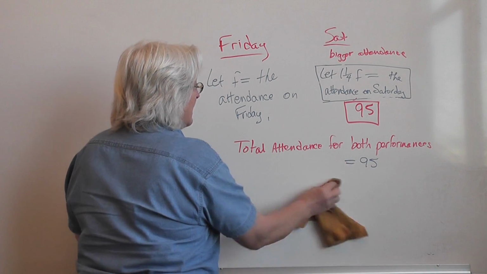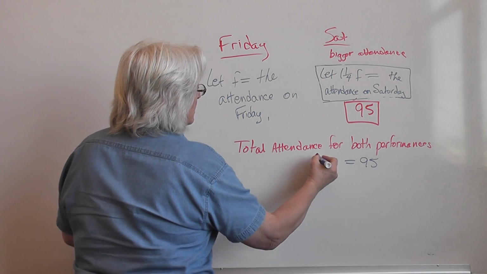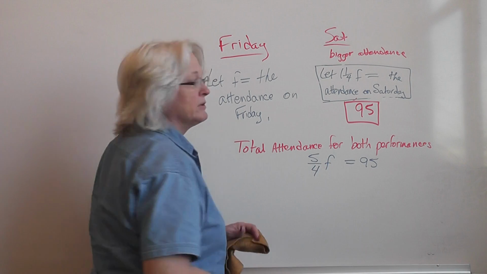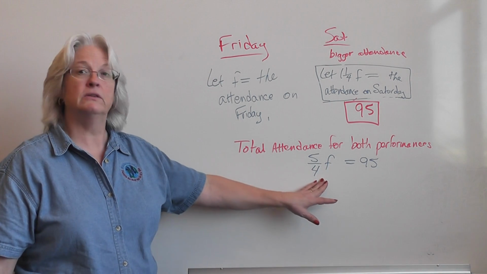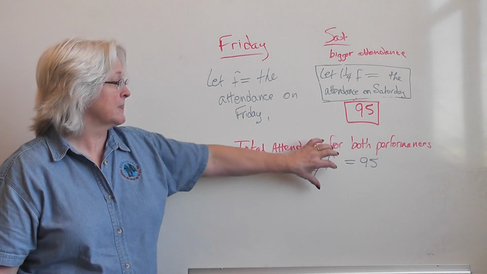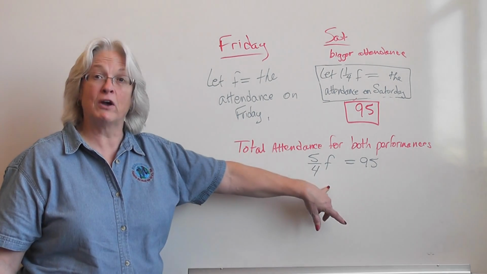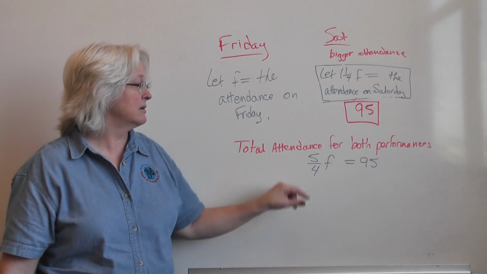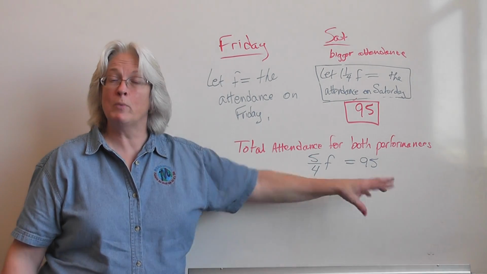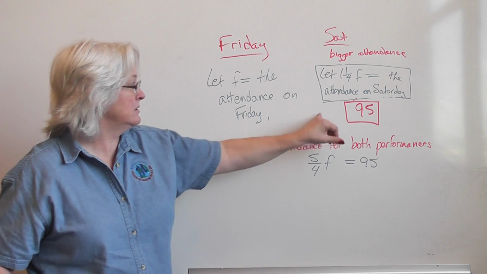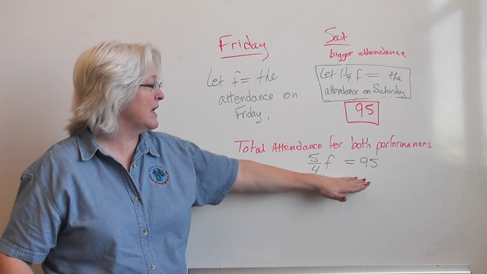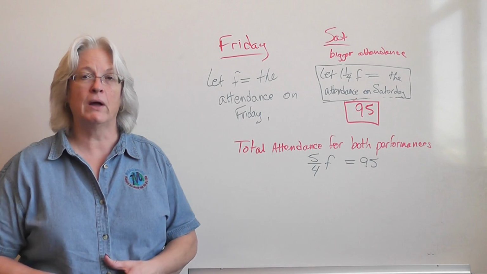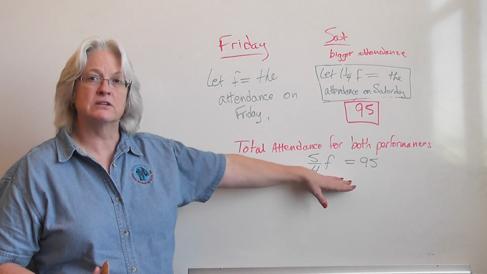And we now have a statement where one quantity, the attendance on Saturday, where we're using a variable to represent an unknown, is equal to the actual total attendance that we had on Saturday. Now we have one quantity equal to another, and now we can go ahead and solve this equation.